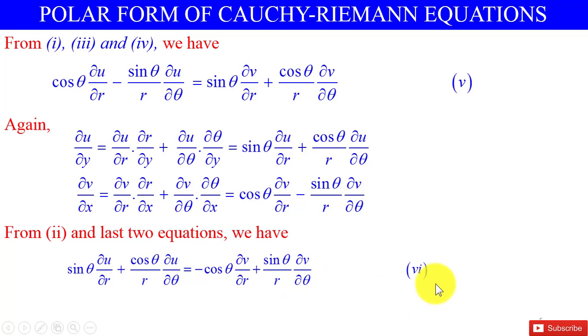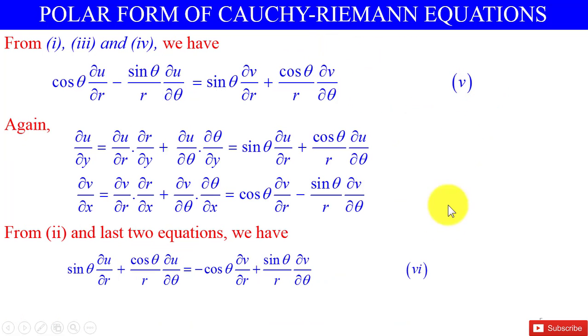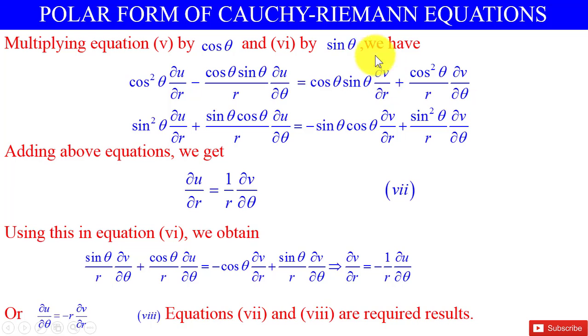This is equation number 6. Multiplying equation 5 by cos θ and equation 6 by sin θ.